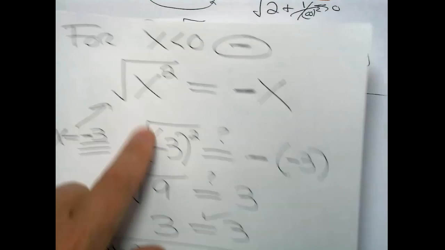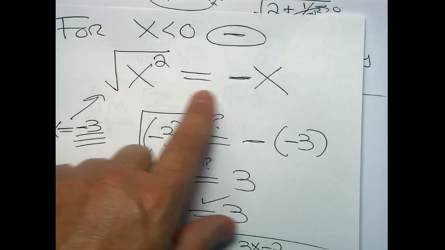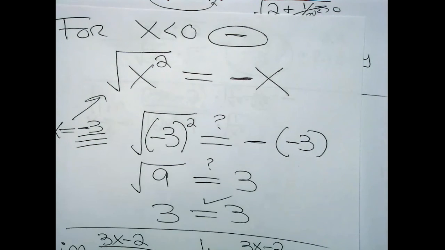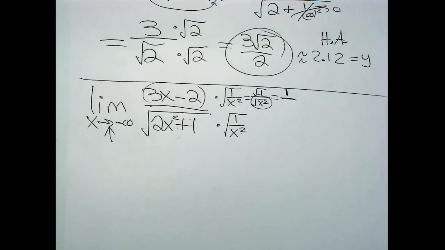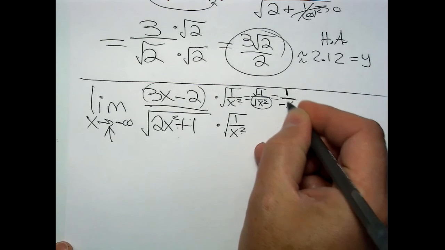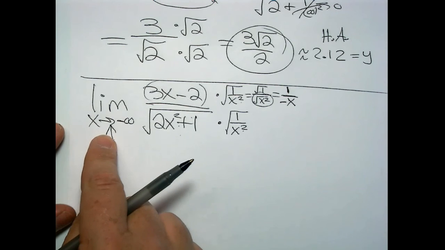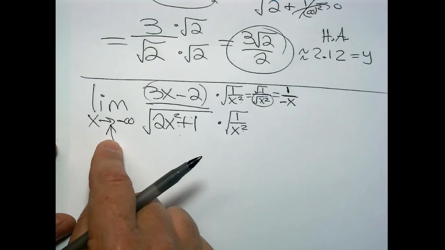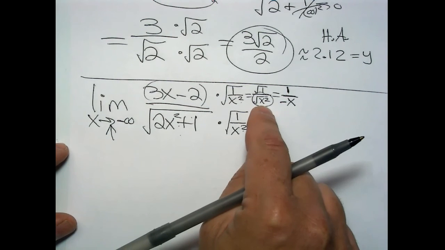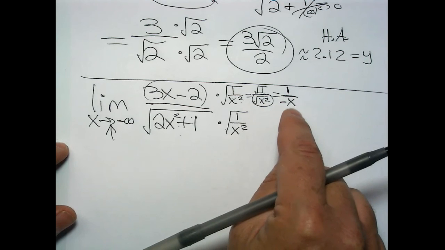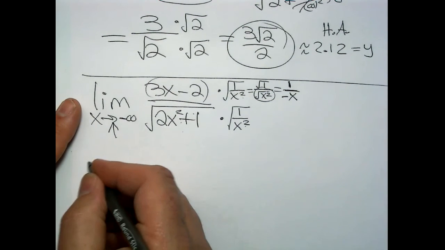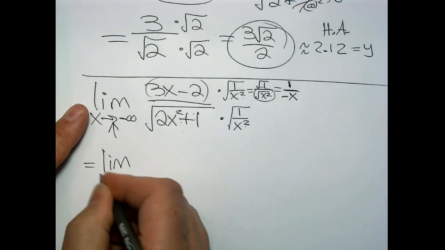So square root of x squared, when you're in negative territory, is not x. It's minus x. So that's what we need to put here. And that's that very, very subtle twist to this problem. It's because of where you are. You know where you are in negative x territory. That's when square root of x squared starts spitting out a minus x, actually, strangely enough. So the limit becomes this.